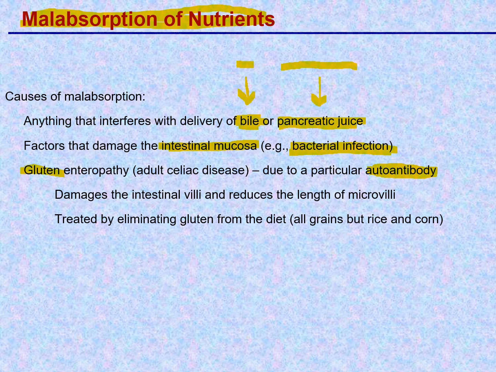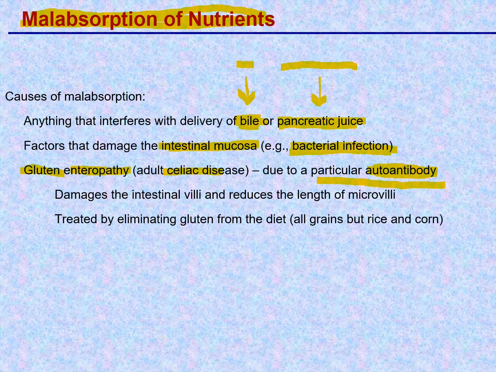They're the only ones who could develop gluten enteropathy, disease of the intestine. That disease is celiac disease, but it's only those people with that autoantibody. If you don't have the autoantibody, you don't have the sensitivity, you don't have the disease, and you're wasting effort in avoiding gluten.